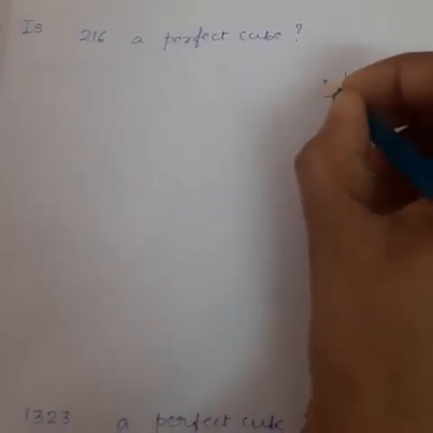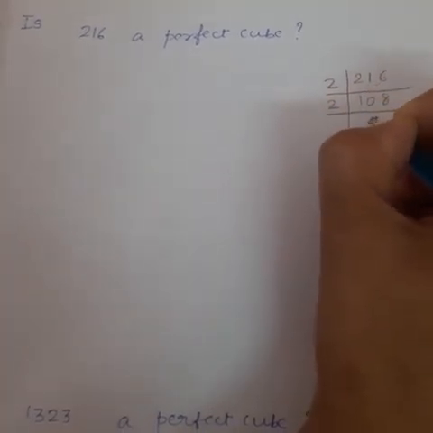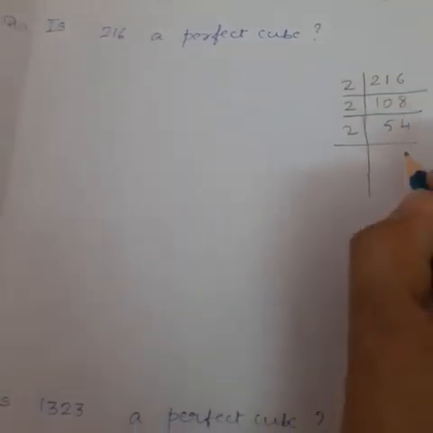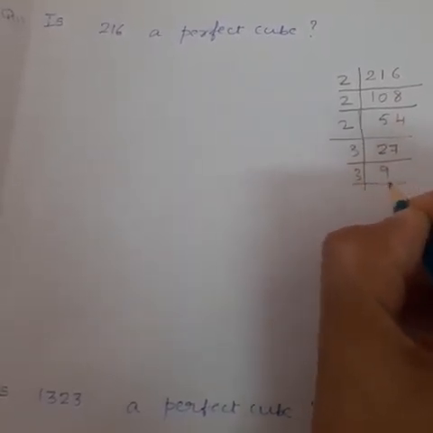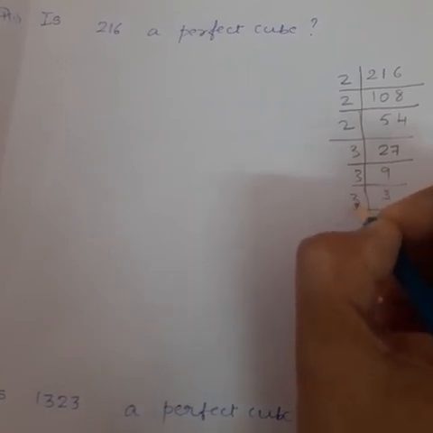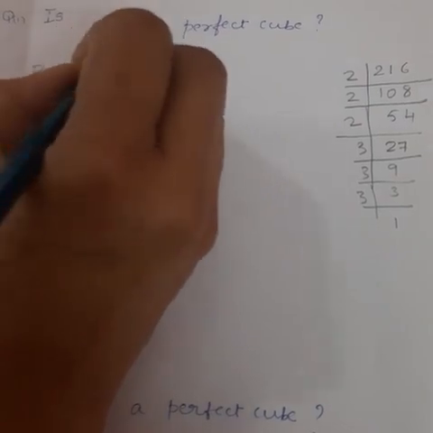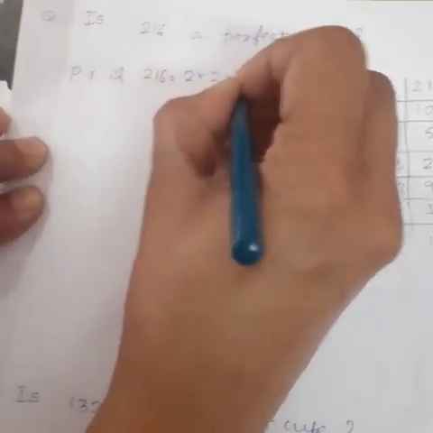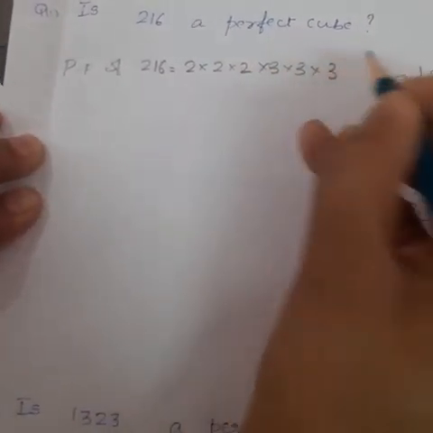So the prime factorization of 216 is equal to 2 into 2 into 2 into 3 into 3 into 3.